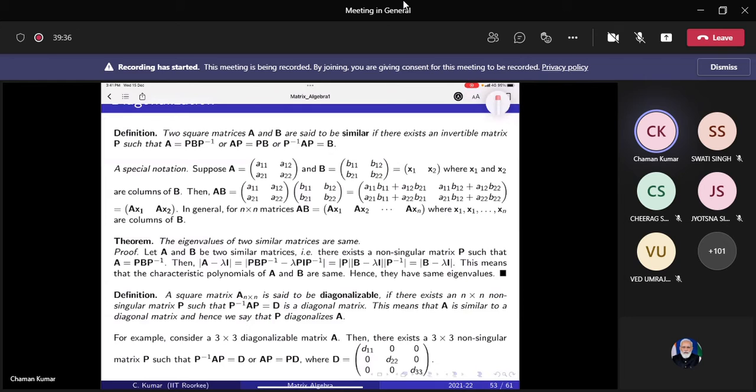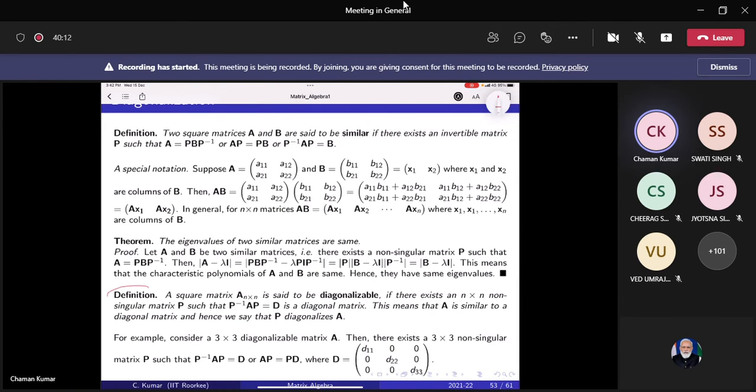Okay, so this is the utility of this theorem. So instead of finding the eigenvalues of a complicated matrix A, we find the eigenvalue of a less complicated matrix B if A and B are similar. Okay, right? And this will become more clear if we go to this diagonalization of the matrix here.